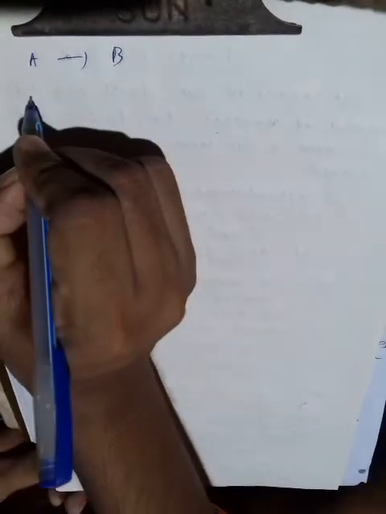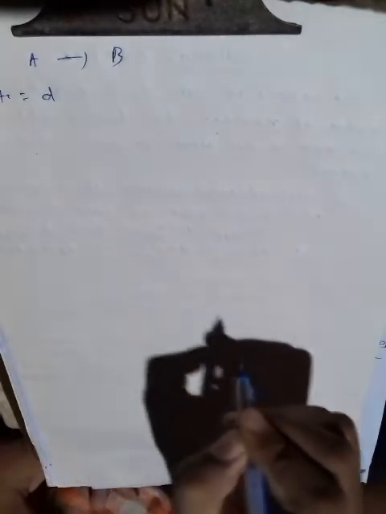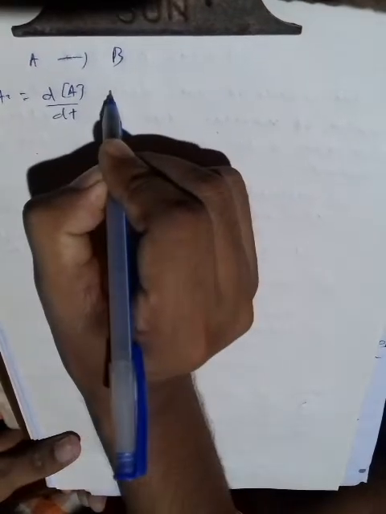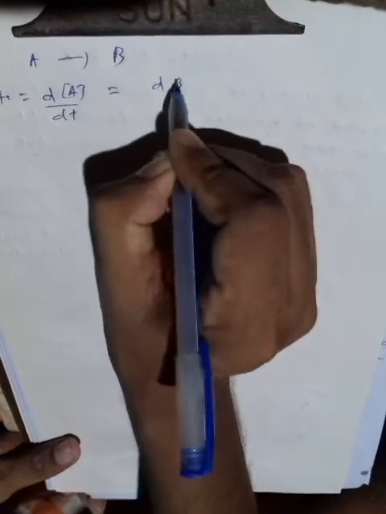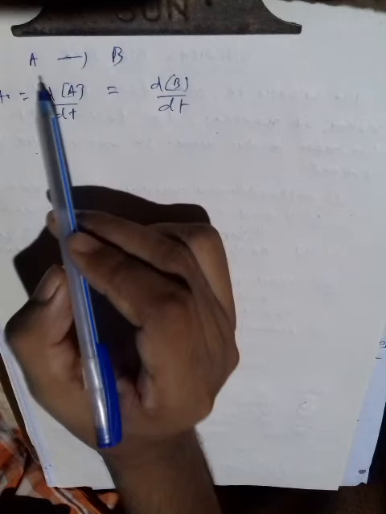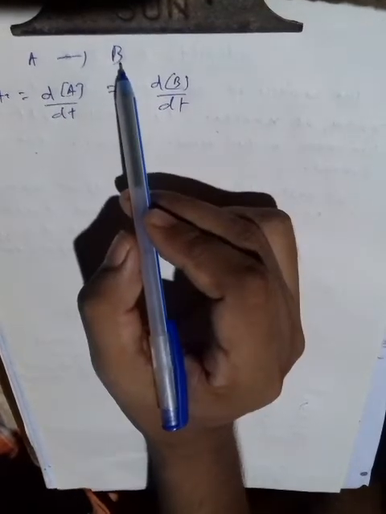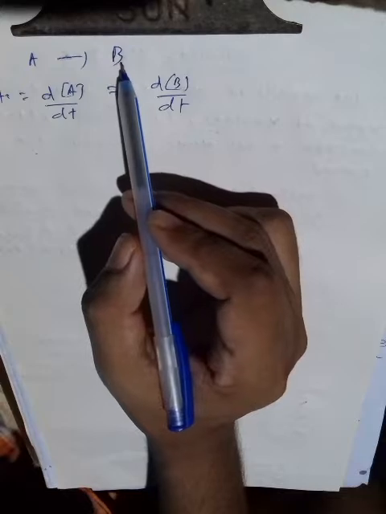So the rate expression for the reaction will be d[A] by dt, or we can write d[B] by dt. In a reaction, the concentration of A gradually changes or disappears, and the concentration of B is formed or appears.